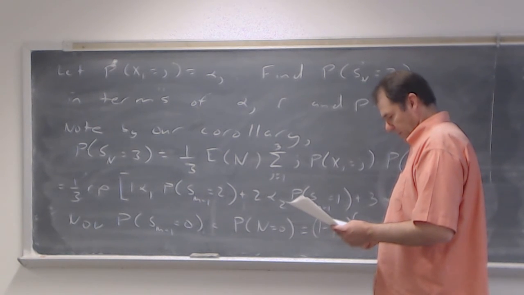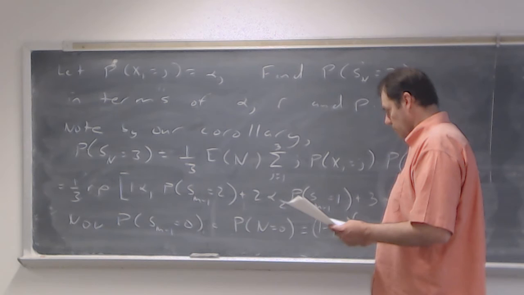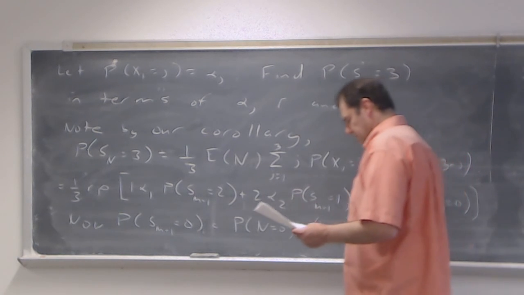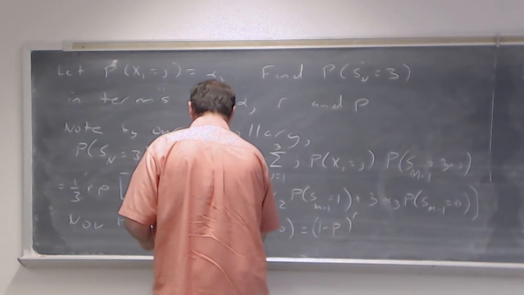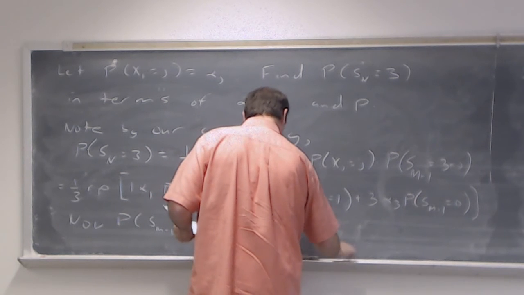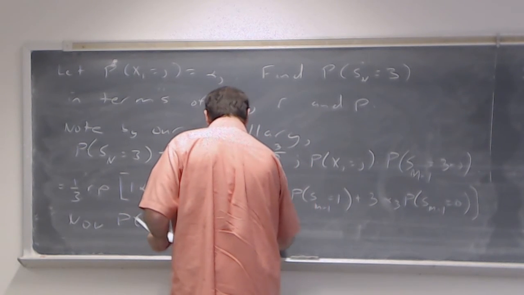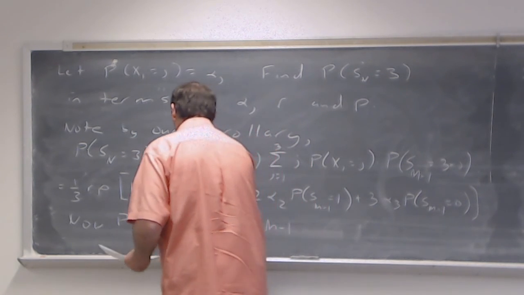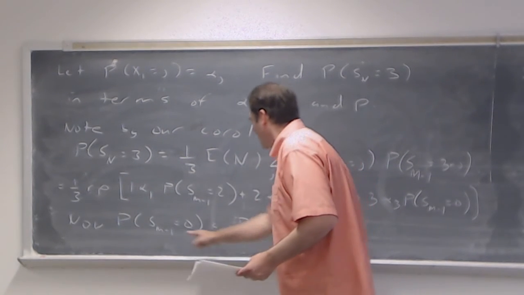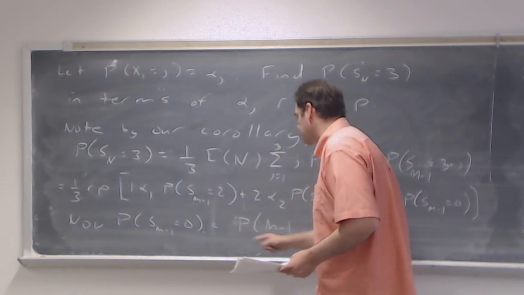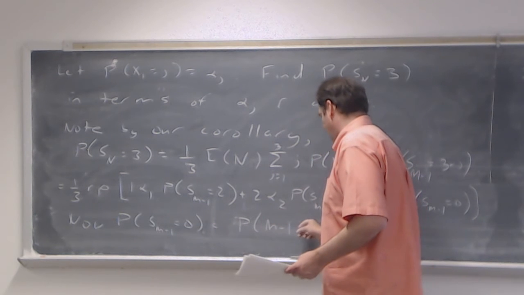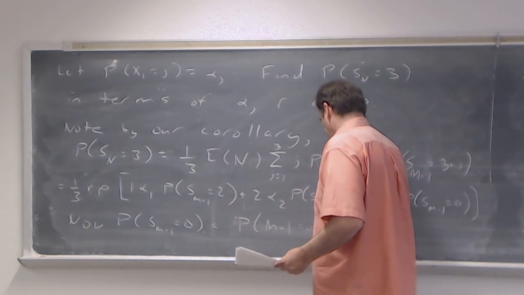Wait a second. I should write this down. This is equal to the probability that m minus 1, that's what this is. I made a mistake. This is the probability of this index random variable equaling 0. Okay?